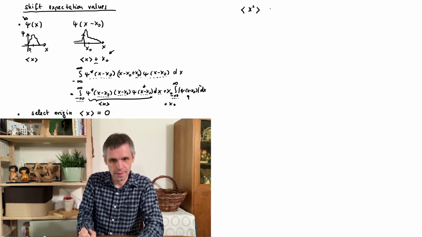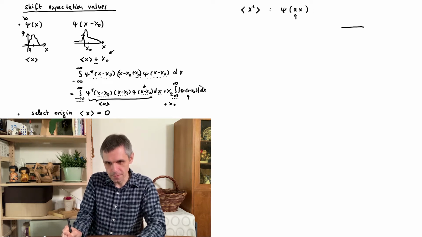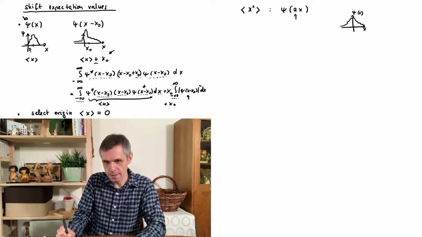squared. And for instance, we can then ask what happens if instead of the wave function psi of x, we have the wave function psi of ax, where a is a scale factor. So if we start out with a wave function psi of x, which is centered at the origin, and we apply such a scale factor, assuming that this is, for instance, larger than 1, then the wave function would become sort of more confined to a smaller region in space.